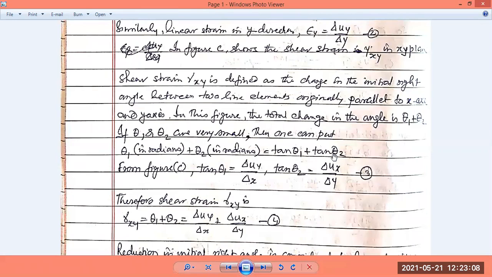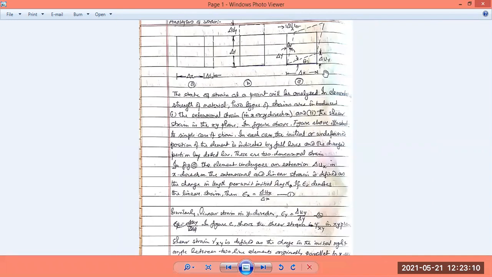What is given in the figure is the original block in full line, and this is the position of the block after deformation. Here you see this angle between this line and this line was 90 degrees. After deformation it is reduced, and this line which was originally parallel to the x-axis is deformed to take a new position at an angle theta 1 with the x direction.